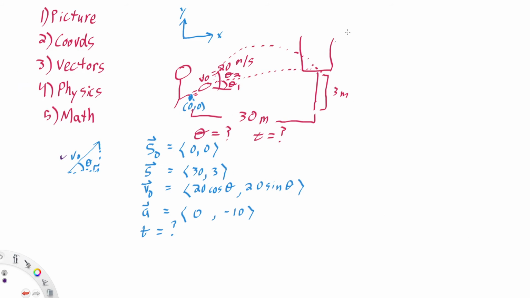All right, so we've got three possibilities for physics that could be used to explain this situation. So we've got our three kinematics equations.